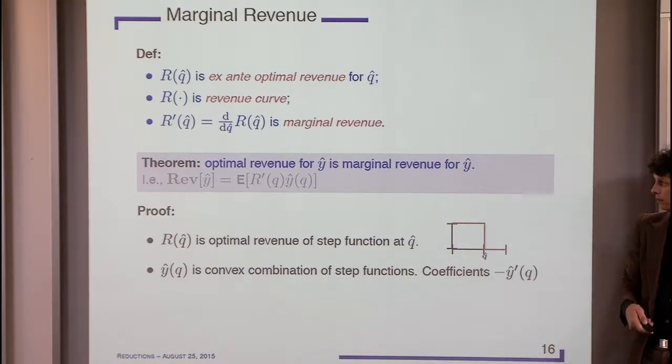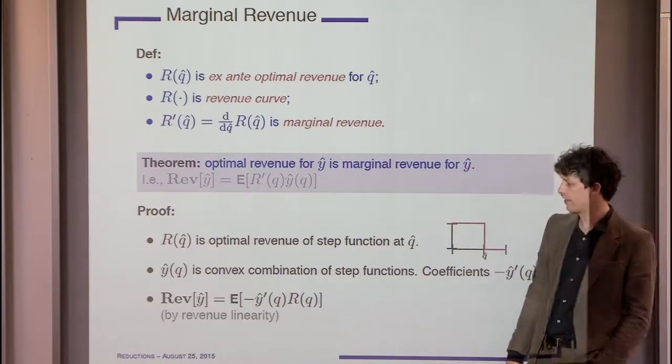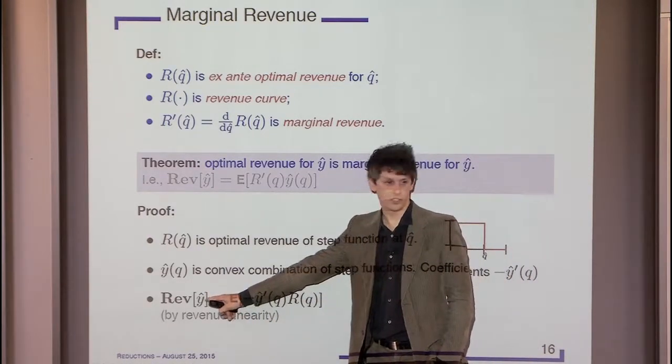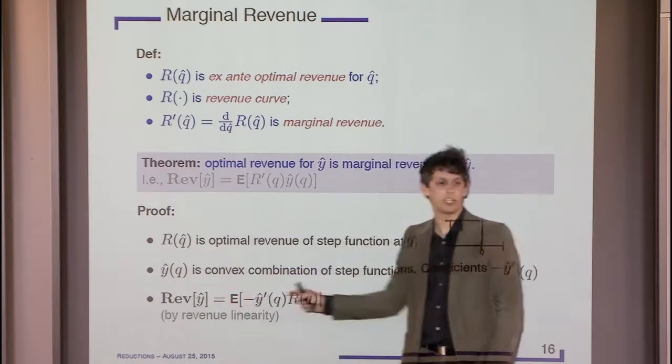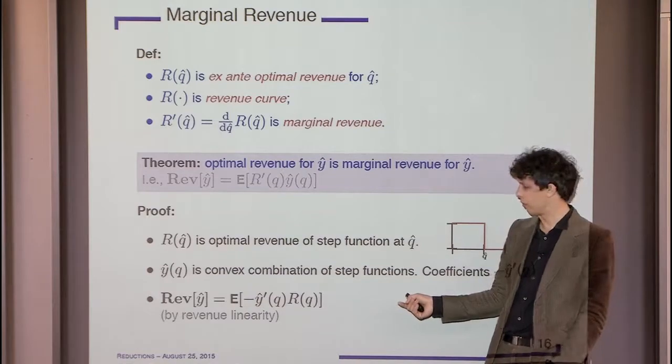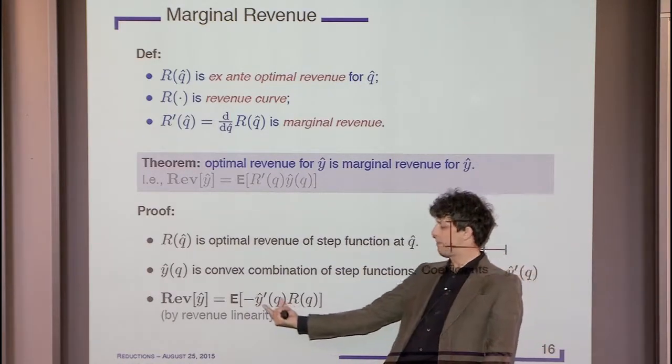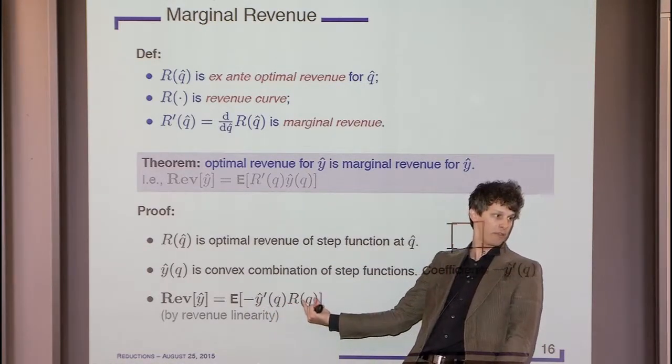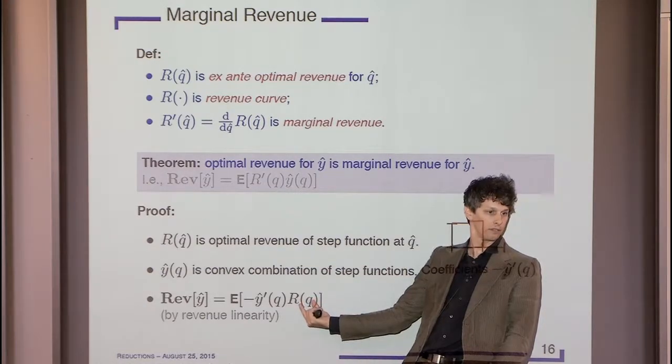Okay? So then, using revenue linearity, I can write the expected revenue as a convex combination of a whole bunch of other step mechanisms. What is its revenue, therefore? Its revenue is the probability that I run the Q hat mechanism times the revenue of the Q hat mechanism, which is this.